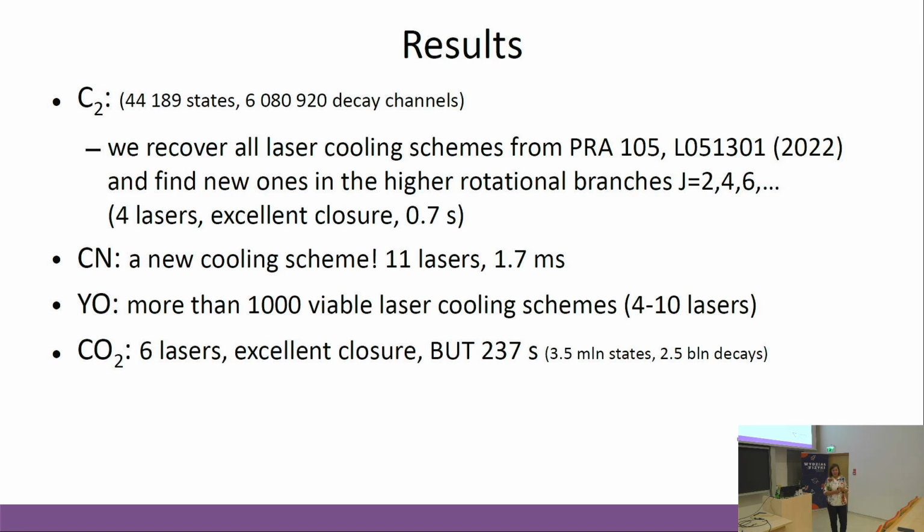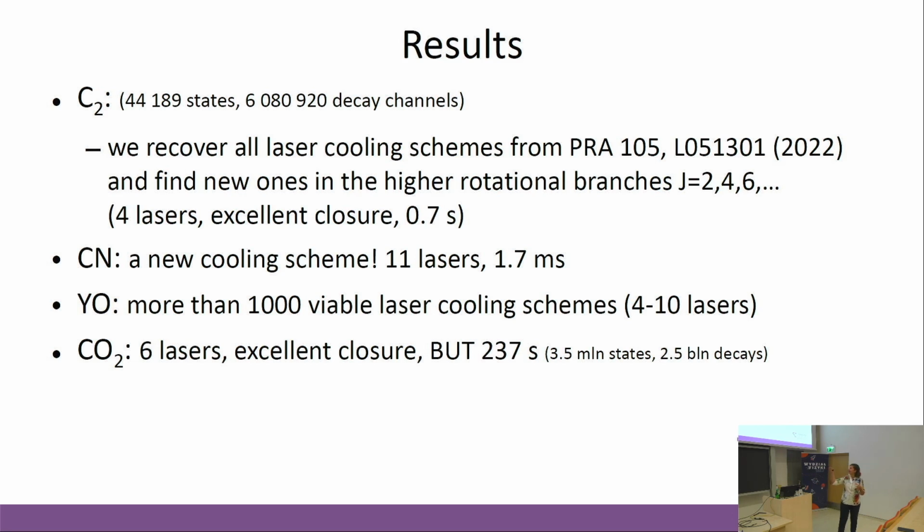But we made a scan through several molecules that we found interesting in the ExoMol database. As a natural playground, we first chose the carbon dimer because my collaborators worked on it before, and we not only recovered all the laser cooling schemes that Nicola found, but we also found some new ones.